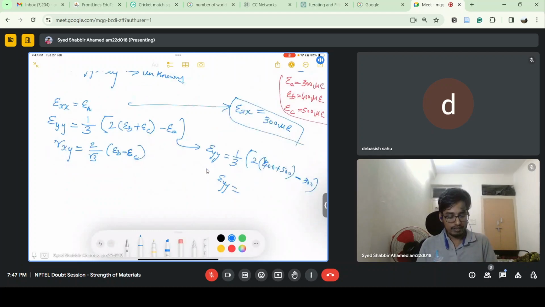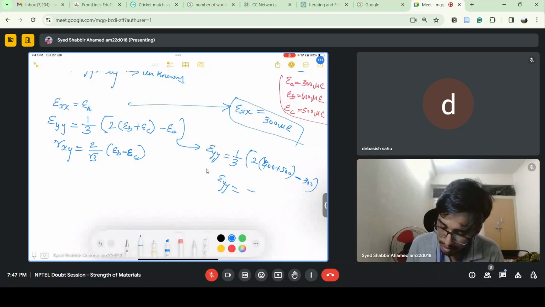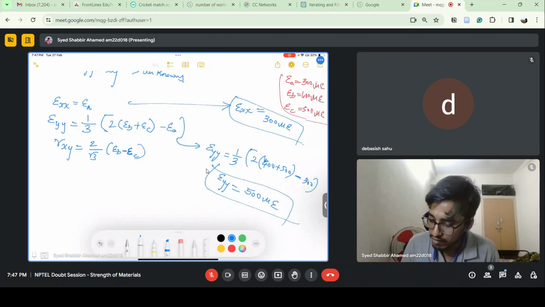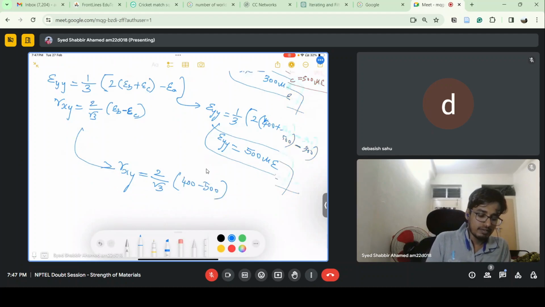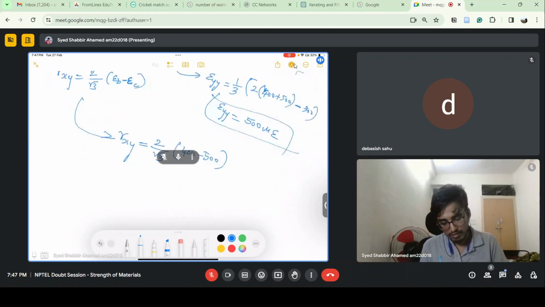If you calculate this, you get 1 by 3 into 2 into 900 minus 300, which is 500 microstrain. Another component of the strain tensor is calculated. Then I go to gamma xy, which is 2 by root 3 into 400 minus 500.